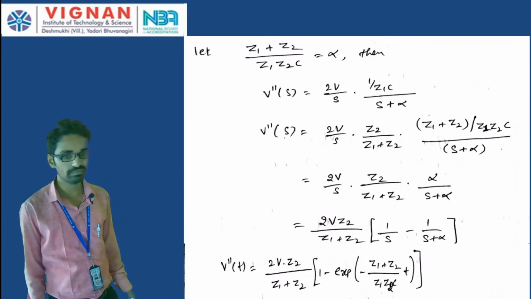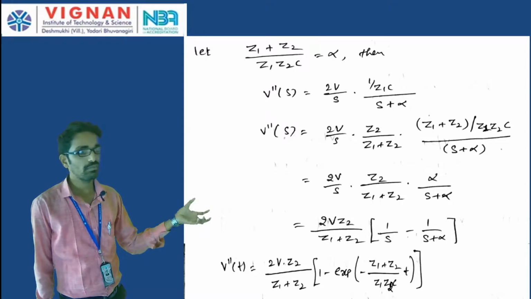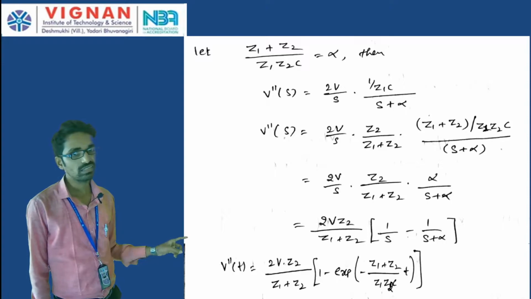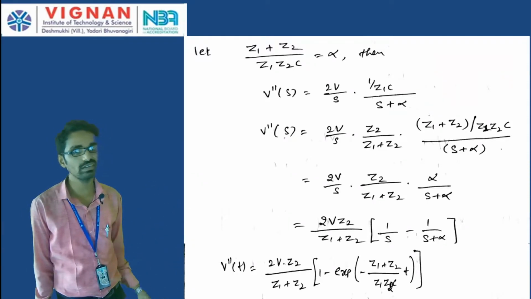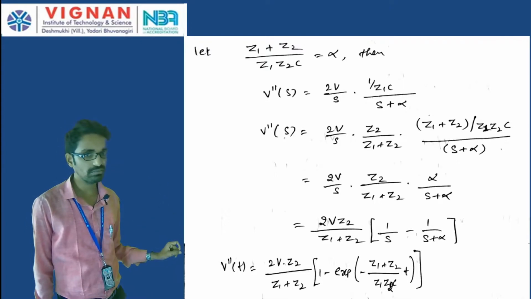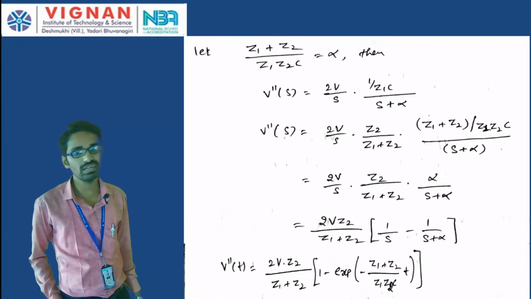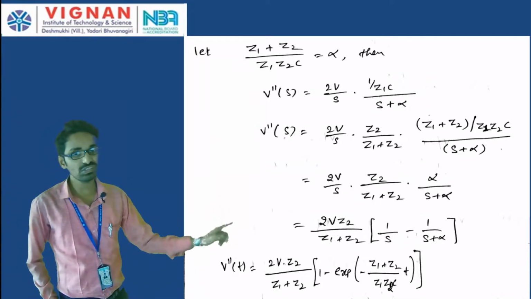If I convert these Laplace transformed equations into the time domain, that is by applying the inverse Laplace transform, V double dash of s becomes V double dash of t, which is equal to 2V into Z2 by Z1 plus Z2 into 1 minus e to the power of.